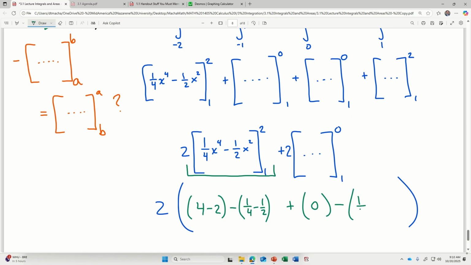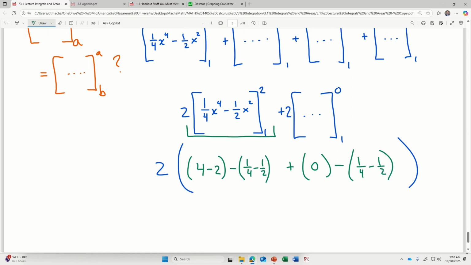That was 1/4 minus half. 4 minus 2 is 2. 1/4 minus a half would be negative 1/4. Times a negative makes it positive 1/4. Plus 0 plus another positive 1/4.